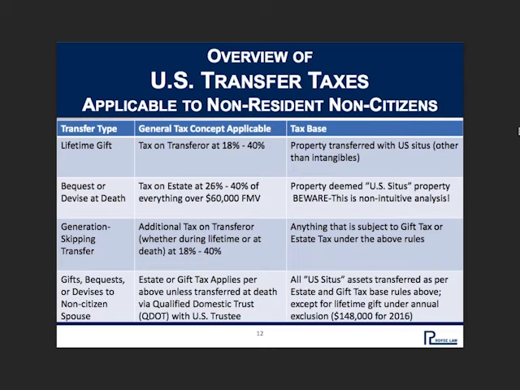However, for non-resident non-citizens, there can be a gift tax applicable on a transfer to a spouse to the extent that it exceeds a certain amount. In this case, $148,000 for 2016. So the most simple of familial transactions can actually subject a person to a U.S. gift tax if they're not wary.